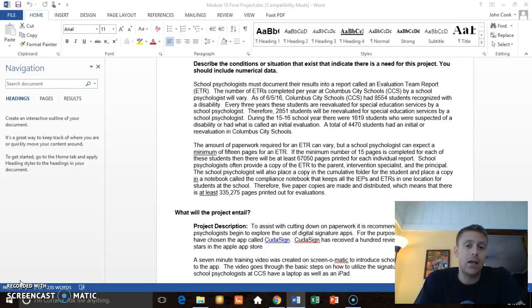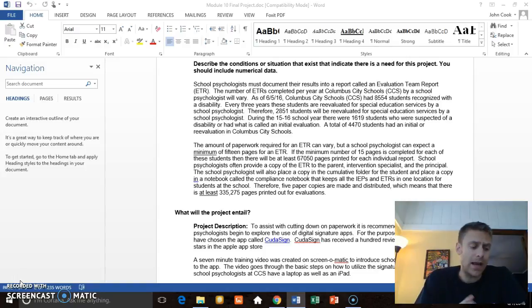I went ahead and crunched the numbers and found that 4,470 students this past school year were evaluated for special education services. At a minimum, and I emphasize minimum, there are about 15 pages per evaluation team report, or ETR, that I'll refer to.